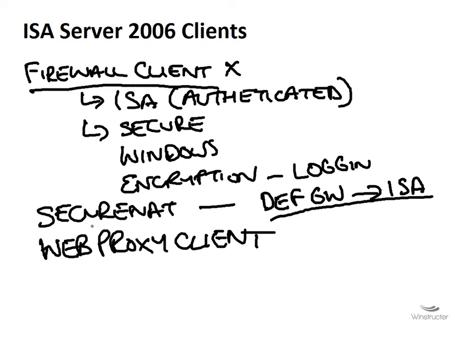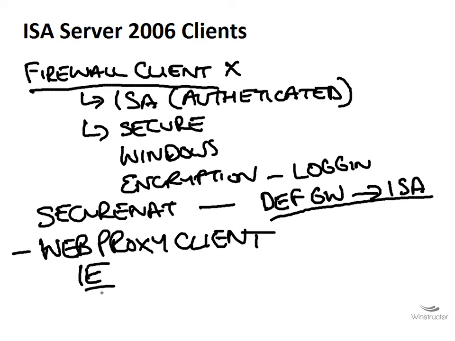Now, our other type down here is the web proxy client, and the web proxy client is also easy to configure, but it requires the computer to have a web proxy application installed and configured to use the ISA server. Now, in case this sounds like it might be a pain to source some sort of web proxy application, don't worry, you already have one on a Windows computer, and that's Internet Explorer.